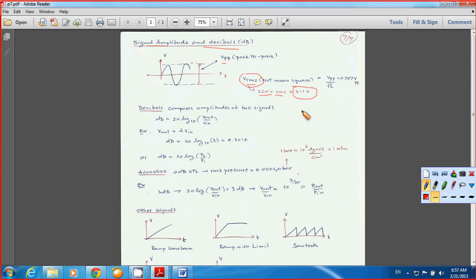So keep in mind that for any calculation or any voltage we talk about in everyday life, we're talking about VRMS.